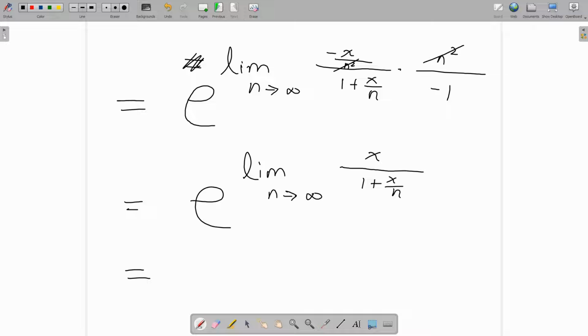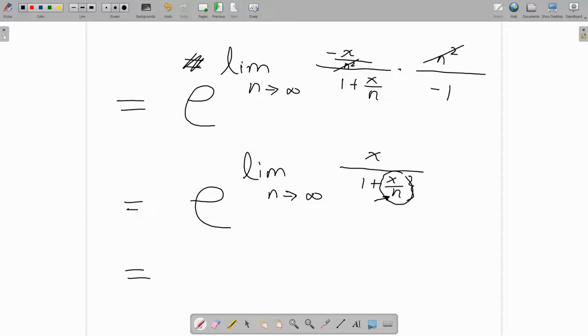There is no longer need to apply L'Hopital's rule again. If you make n tend toward infinity, this x/n will become 0.